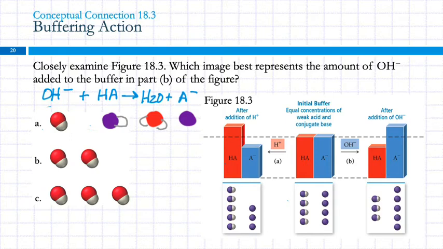We're cool with that? Yeah. So this is saying, getting from here with these 4 of each to getting over here, how many hydroxide ions would I have to add here to make it become this? Oh, that's all it's asking. It's okay. Sometimes conceptual questions are harder than math questions because you're like, whoa. Yeah. Any other questions?